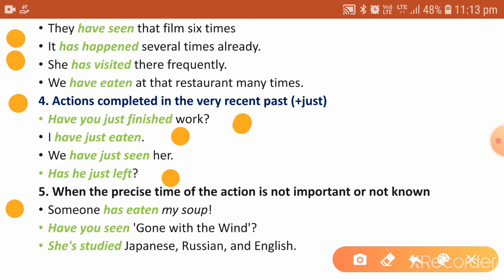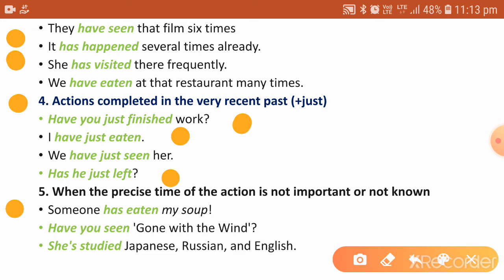First example of this, someone has eaten my soup. It means we have no knowledge who has eaten my soup, but the task has been done by someone.